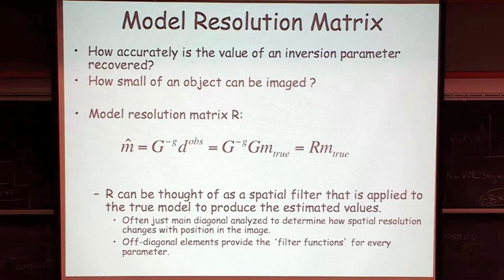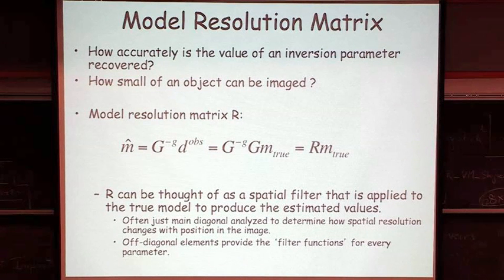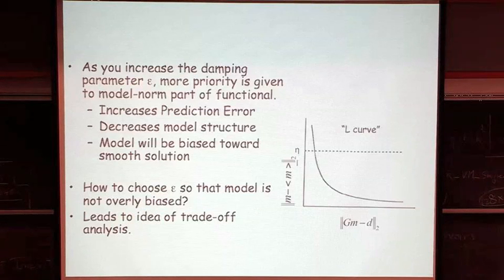But you already made an assumption on the smoothness of your model, right? That's an assumption which goes in. You have to have a parameter for how important the smoothness is. So you could have this same kind of curve here, where it wouldn't be the model norm, but some other quantity that you're trying to minimize.